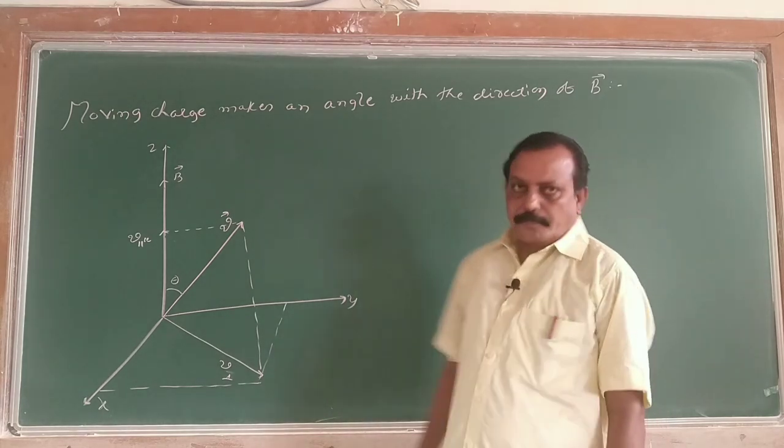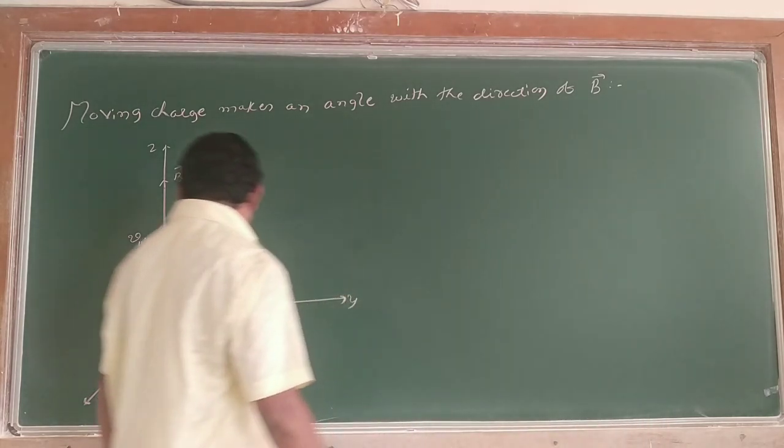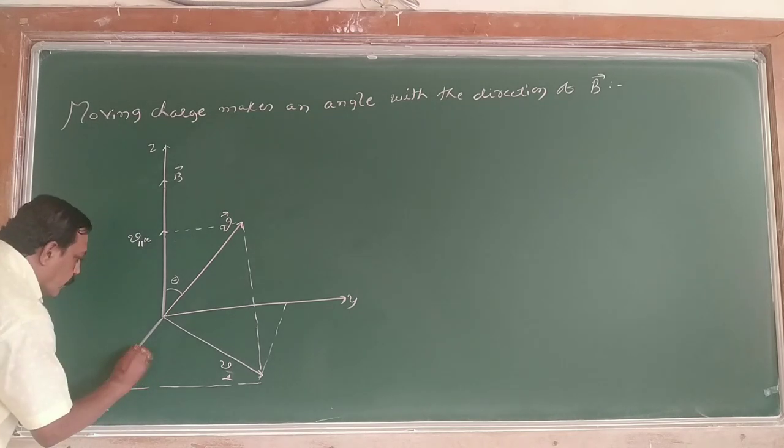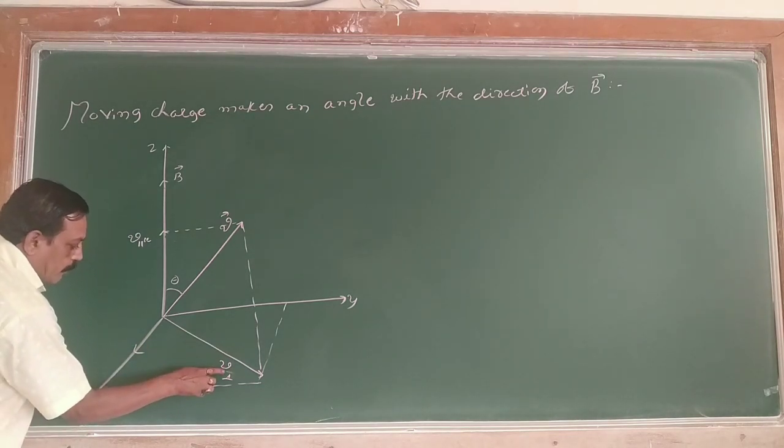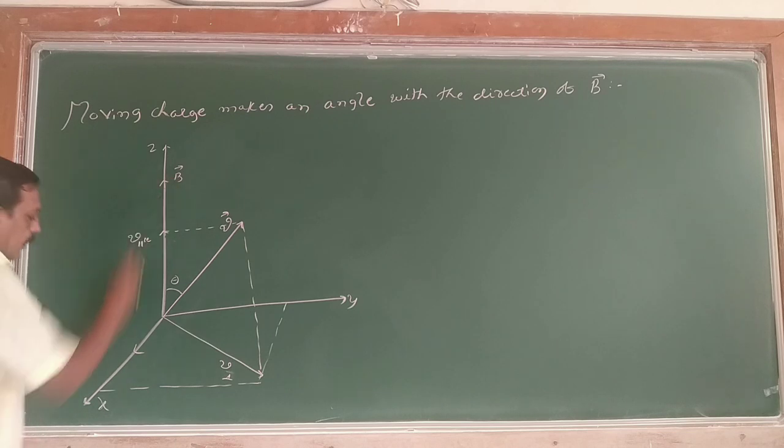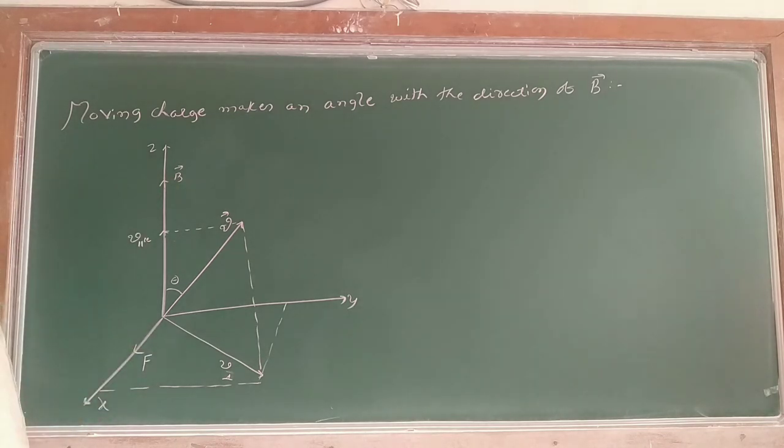Now this is the direction of the force. The force is perpendicular to both the perpendicular component and the direction of the magnetic field. This is the direction of the force experienced by the charged particle.